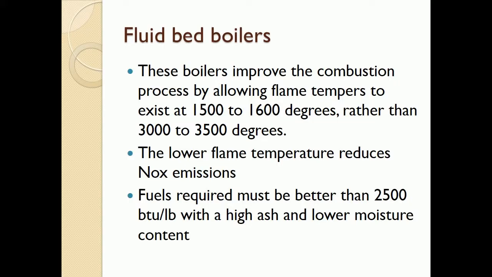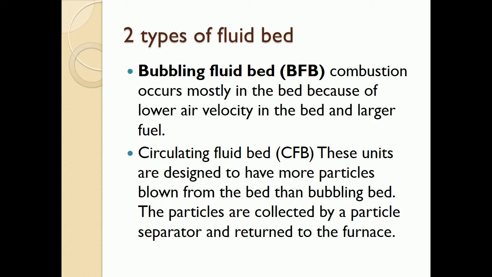Fuels required must be better than 2,500 British thermal units per pound with a high ash and lower moisture content. There are two types of fluid bed boilers. Bubbling fluid bed (BFB).